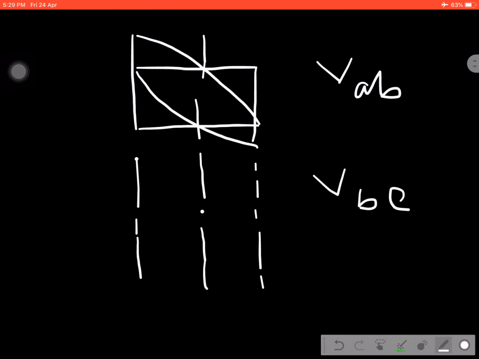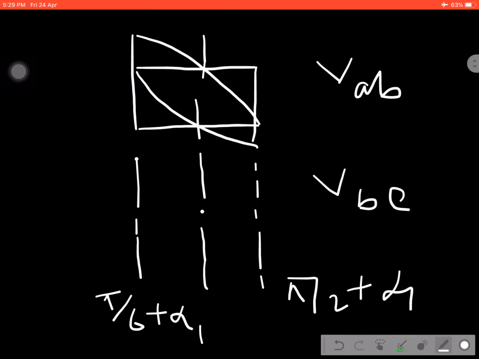This axis is pi by 6 plus alpha 1 to pi by 2 plus alpha 1. From these two waveforms, we can say the area of the first waveform and the area of the second waveform are similar to each other, so we can cancel this part.